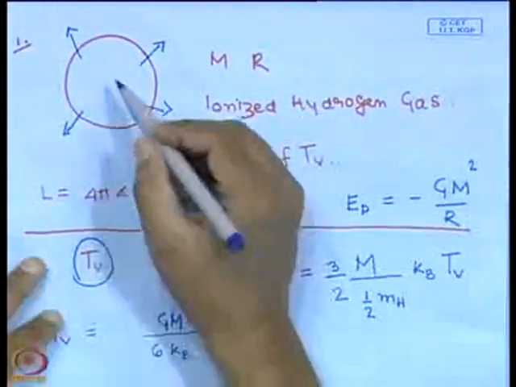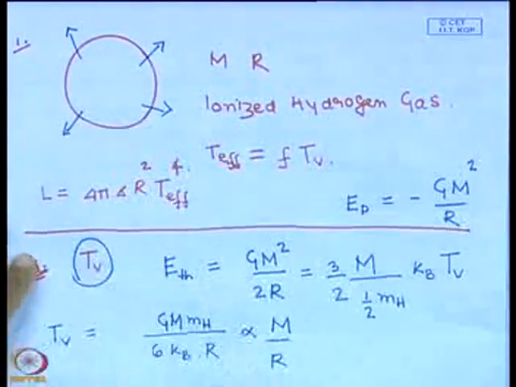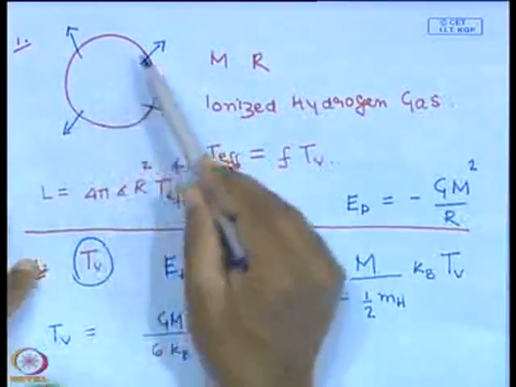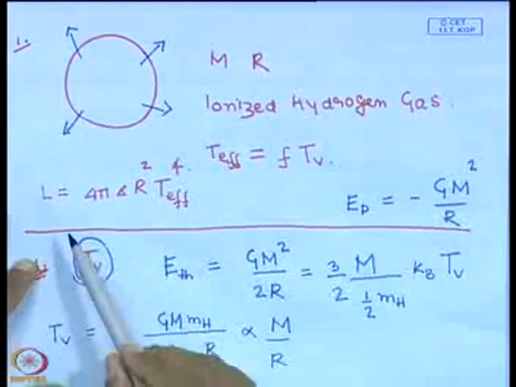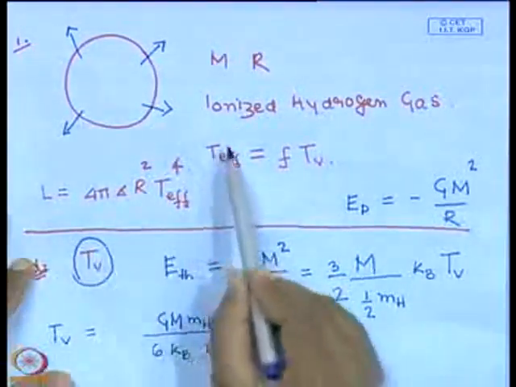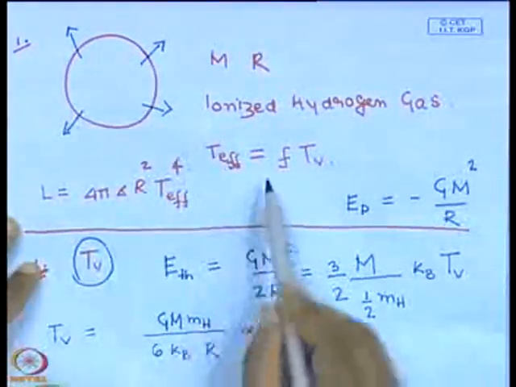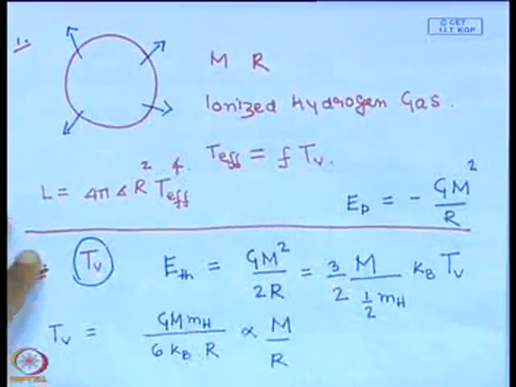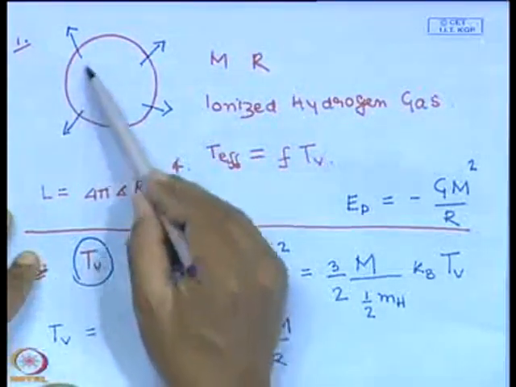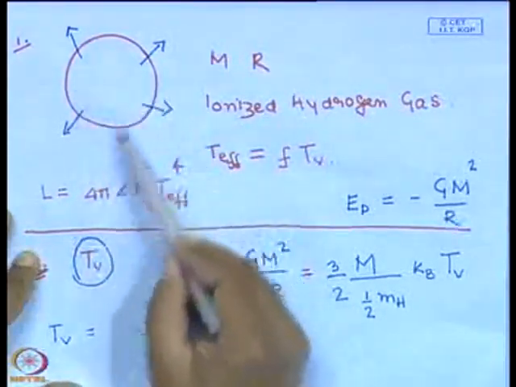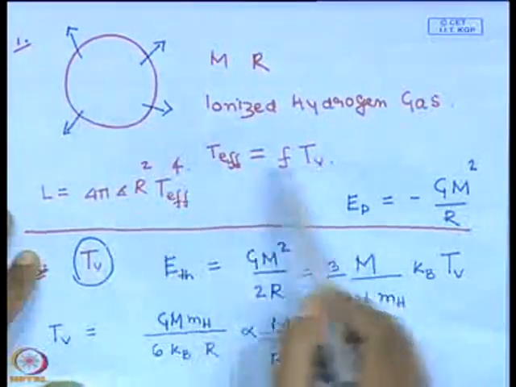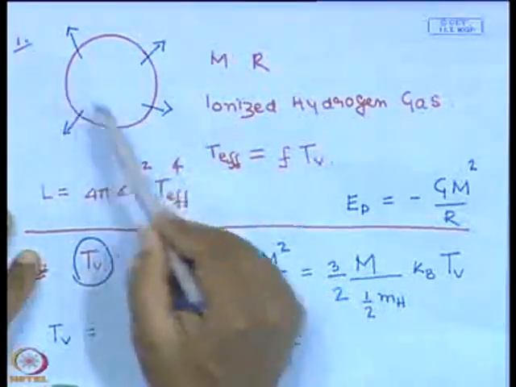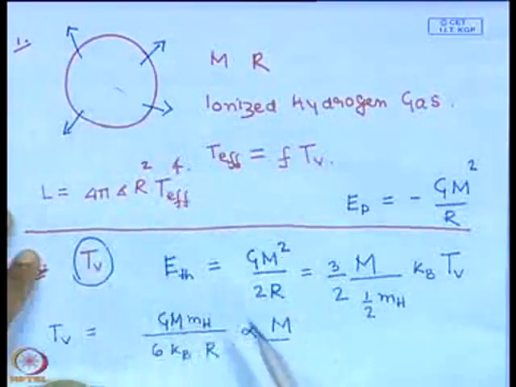And I have told you that we are assuming that this object emits from its surface as if it were a black body of this effective temperature, which is some unknown fraction f of its virial temperature. Okay. In principle, if it is optically thick and the temperature is the same throughout, then it will be exactly equal to the virial temperature, but it may not be exactly optically thick.